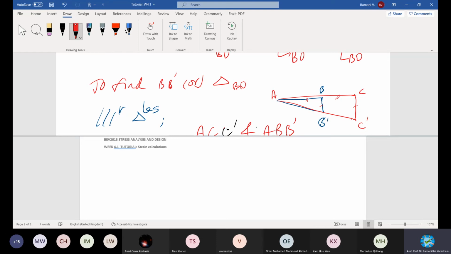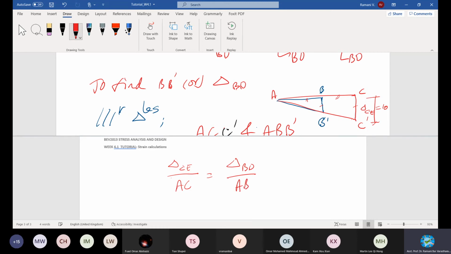By the similar triangle principle, I can write, starting from the known value, delta C, the deflection, is equal to 10. Delta CE is produced by which length? This length AC. Delta CE by AC is equal to delta BD by AB.